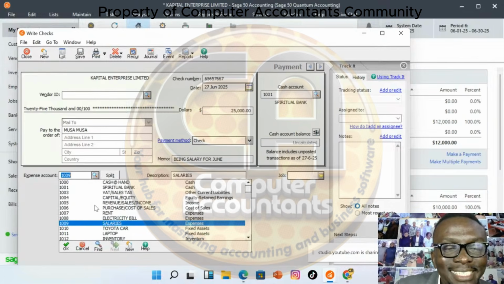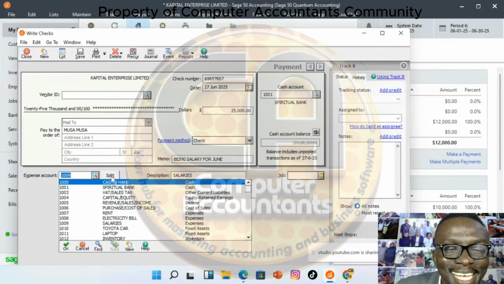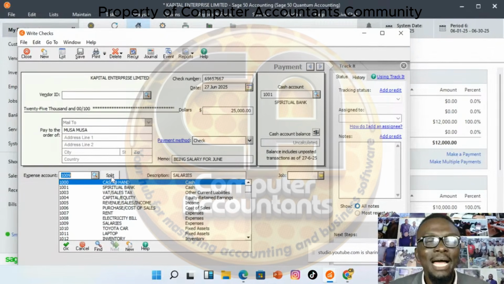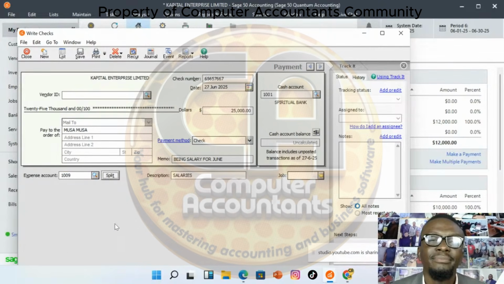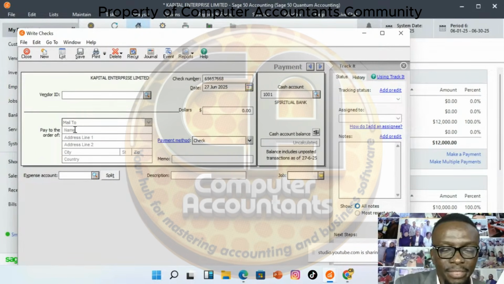Now, if you look at this closely, you see that there's a split here. I can be paying the three of them at the same time using this split. But let's leave it straight down to salary. So I'll click. Then the second name of the staff, we have D'Ambrose.